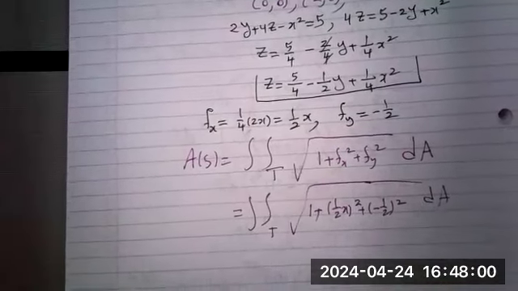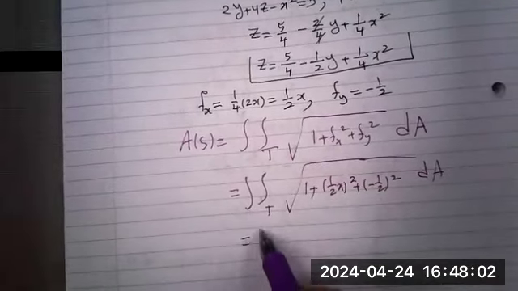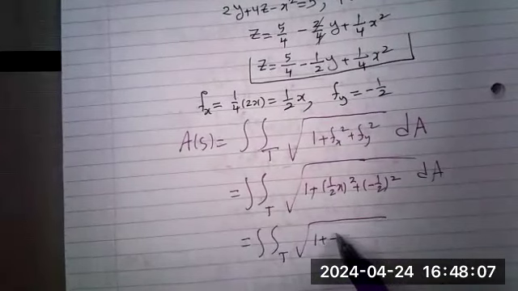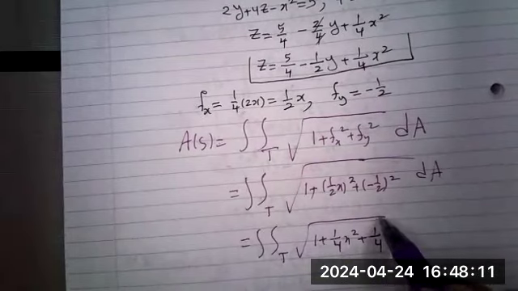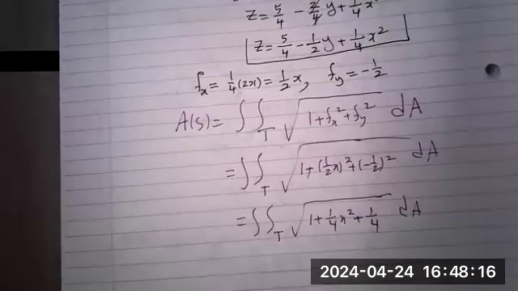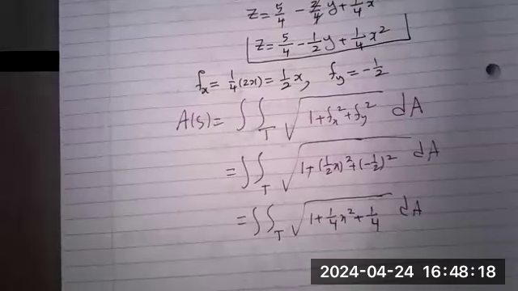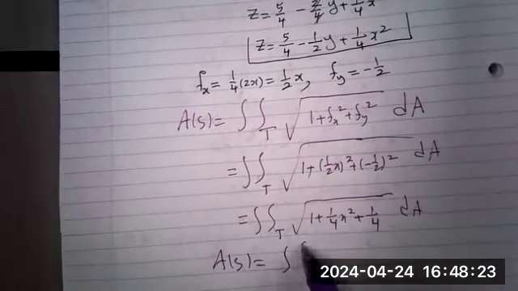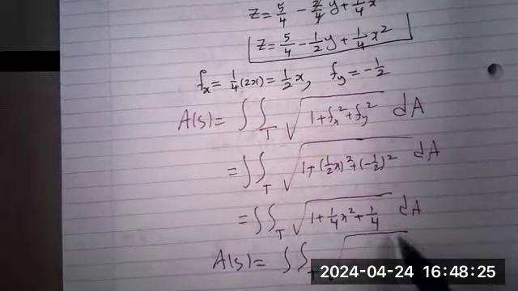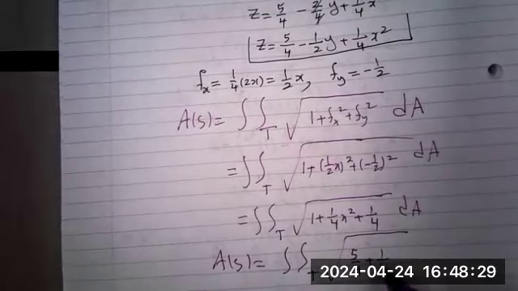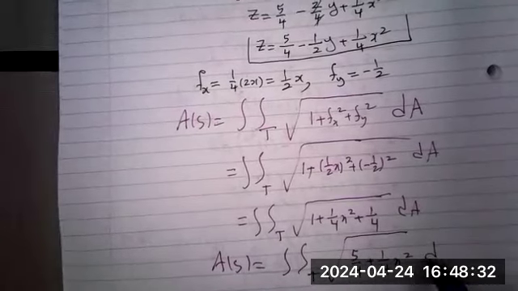So you end up with this integral. Okay, it's going to be 1 plus 1/4 of x squared plus 1/4. So combine the like terms, you have 1 and 1/4 that gives 5/4. So your A of S would be this integral. The double integral of 5/4 plus 1/4 of x squared dA.